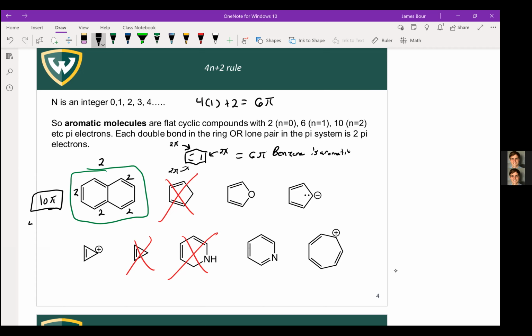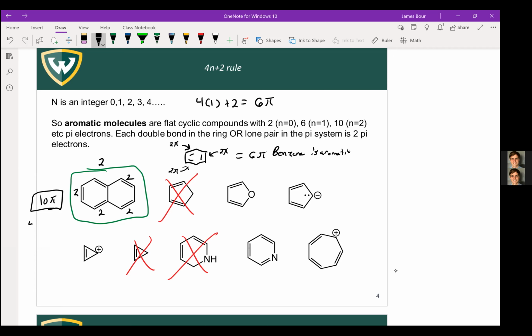And n is just an arbitrary integer. It does not relate to the structure necessarily. It is just that molecules that have 4n plus 2 pi electrons can fit this special molecular orbital arrangement that allows for this extra resonance stabilization. So 10 pi is an allowed number for n equals 2.